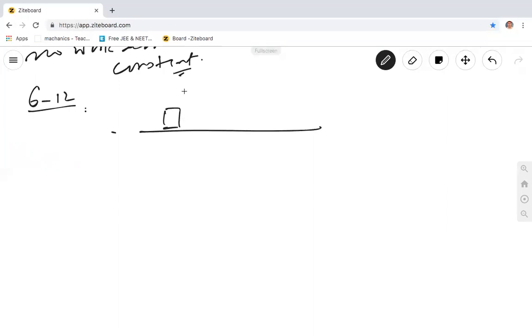This box has a mass of 4 kg. Initially it's at rest, so initial velocity is equal to 0. You are applying a force F on it. It is frictionless, so don't bother about the friction.